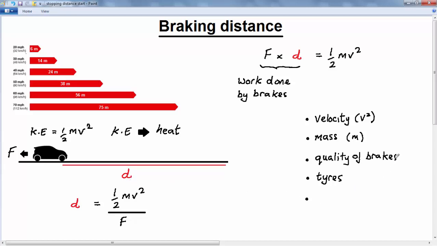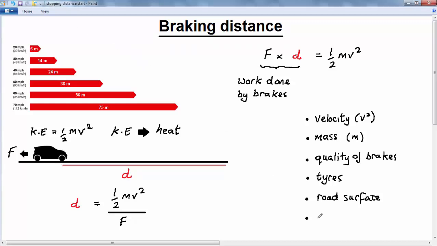And then there are external physical factors which also affect your ability to brake, which will be the condition of the road surface. A good quality road will provide good grip for the tyres. So you may have the best tyres in the world, the best brakes in the world, but if the road surface is very poor quality, then that will reduce the friction between the tyres and the surface, and so that will increase the braking distance.